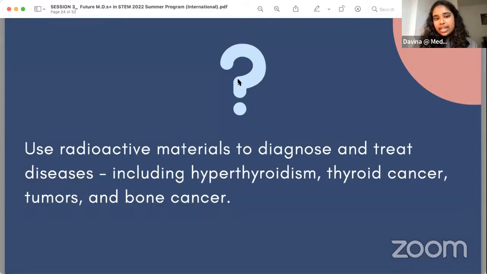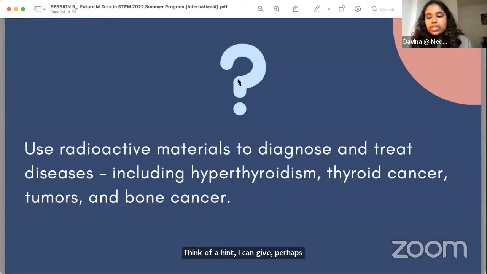Trying to think of a hint I can give. Perhaps focus on what body system your thyroid gland is really a major part of, like your thyroid gland, your pituitary gland, hypothalamus.